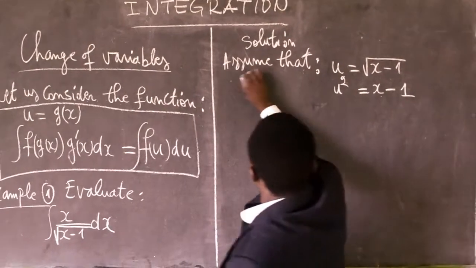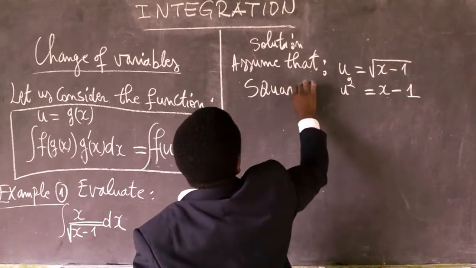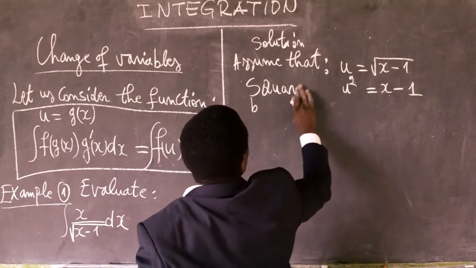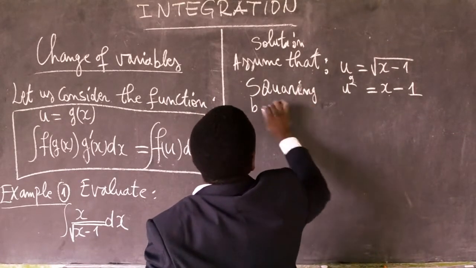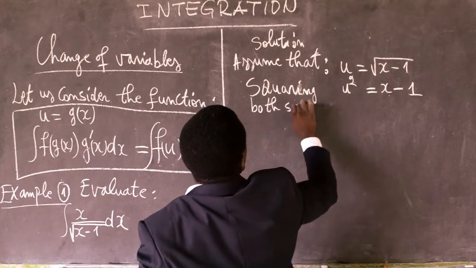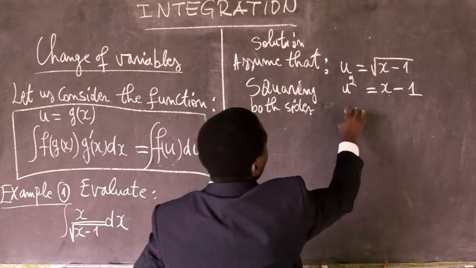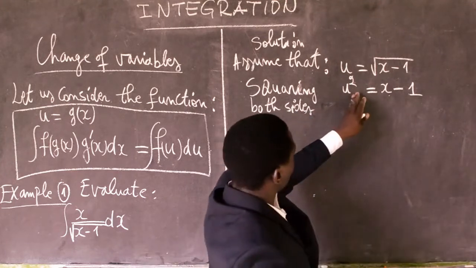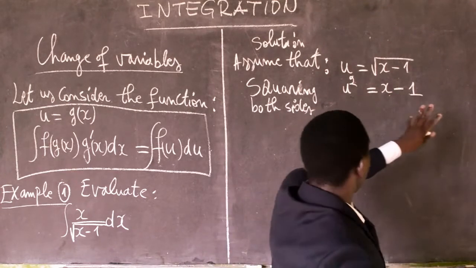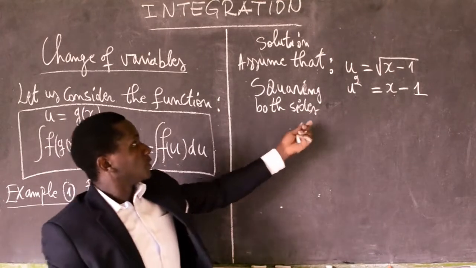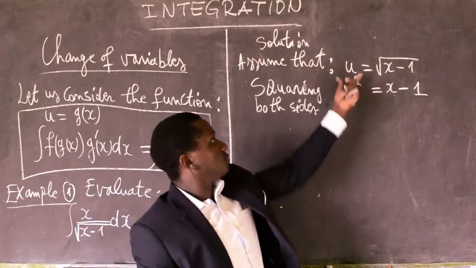So after squaring both sides, we get u squared equals x minus 1. So from here, we can differentiate both sides.